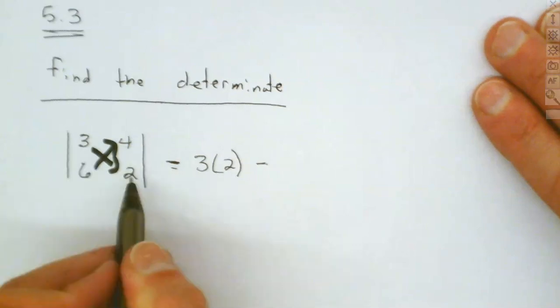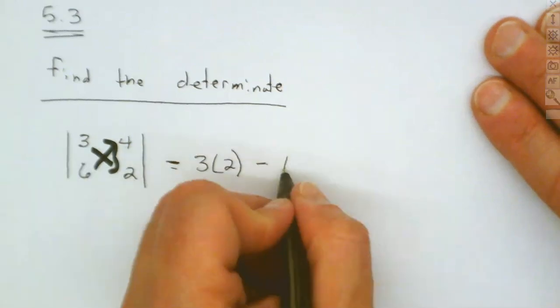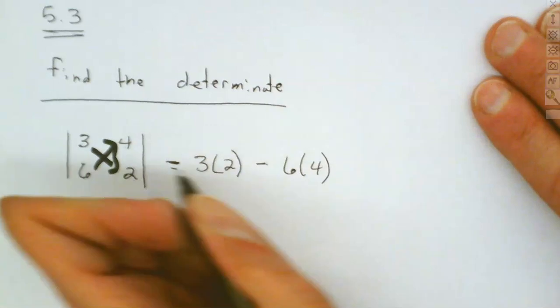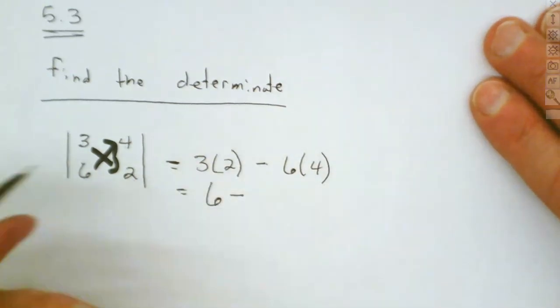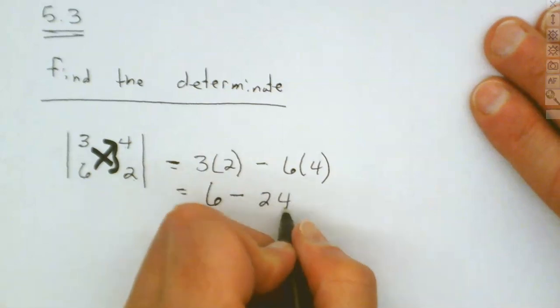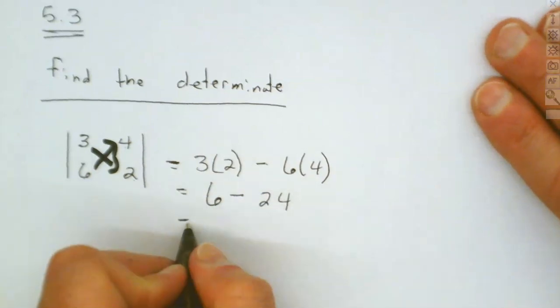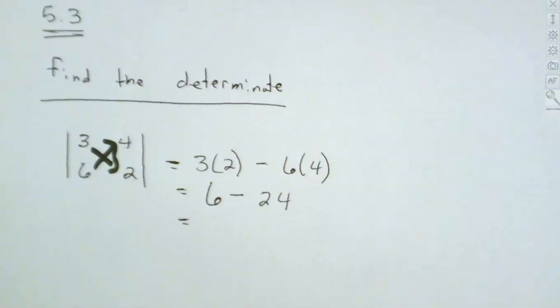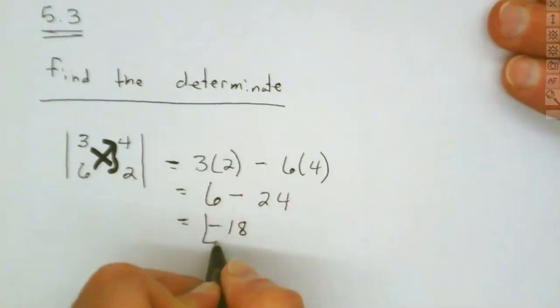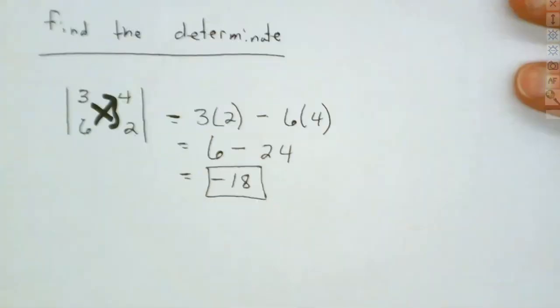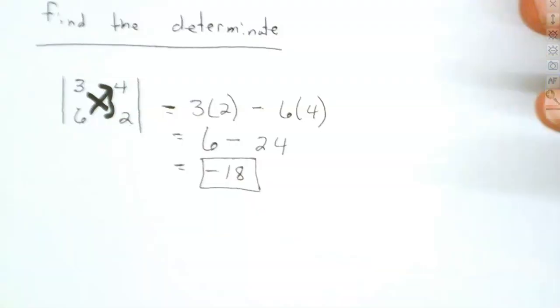So it's 3 times 2 here, minus 6 times 4. 3 times 2 is a 6. 6 times 4, that's a 24. And when we put those together, we have 6 minus 24. Watch your signs, negative 18. So you just cross multiply and subtract.